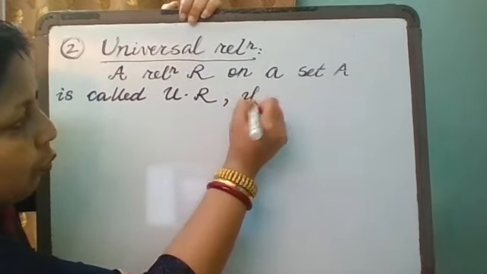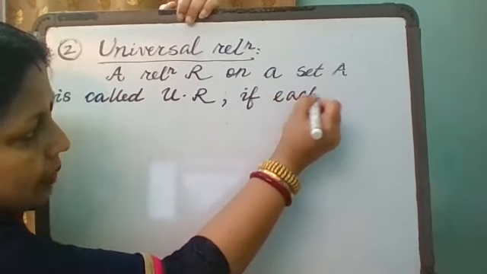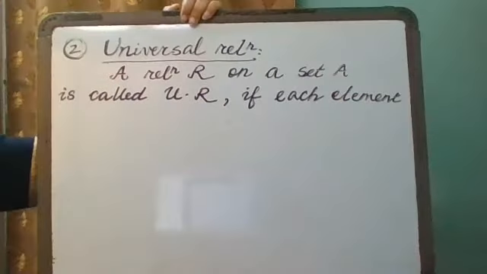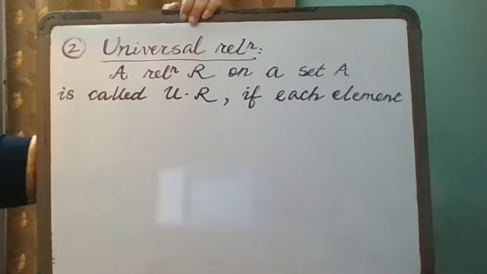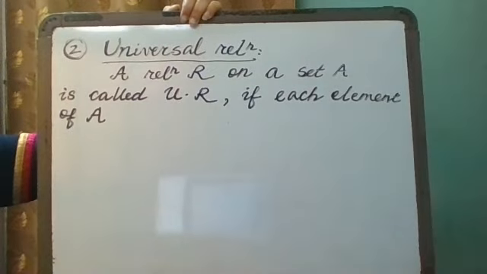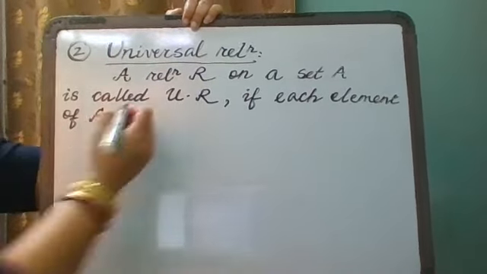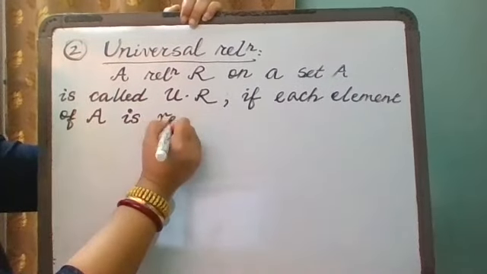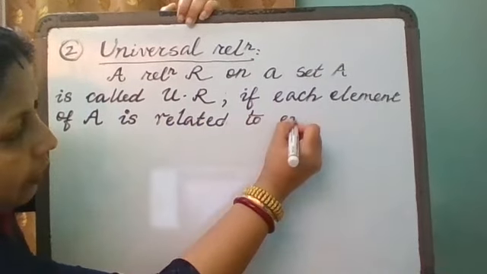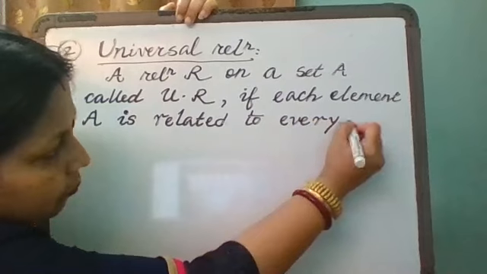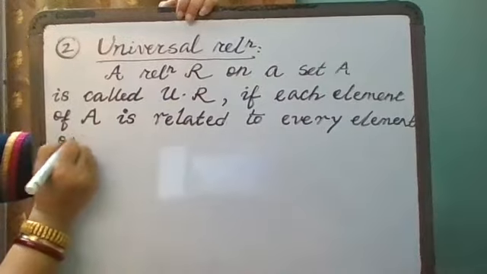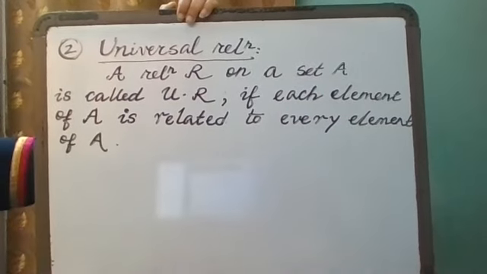Comma, if each element of A, capital letter A, is related to every element of A. Full stop.